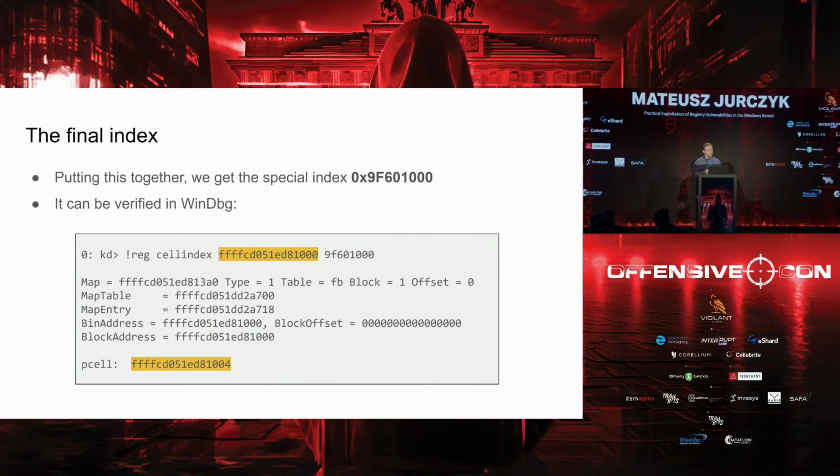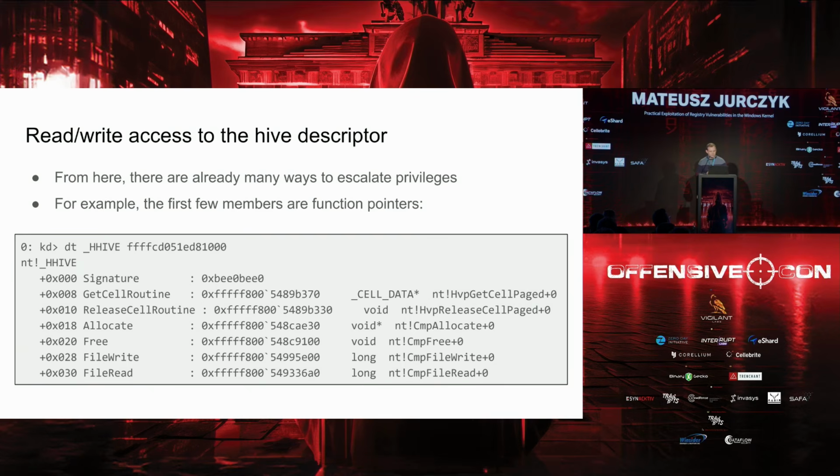And you can, for example, go in WinDbg and verify by using the !reg extension to see what it translates to. You can see that in the first parameter, we specify the address of the CM_HIVE structure, and in the second parameter, this magical special index. And we can see that that is actually translated back to the same address of the CM_HIVE. So it works as intended.